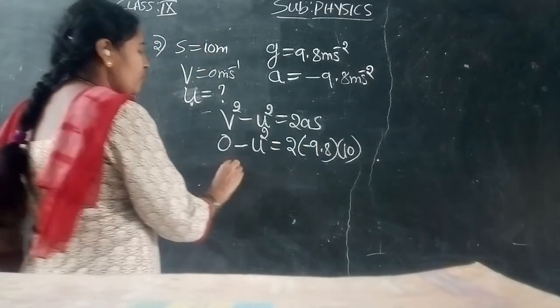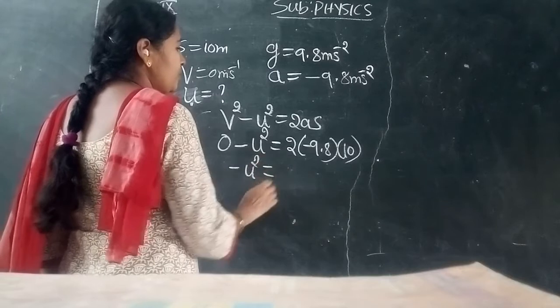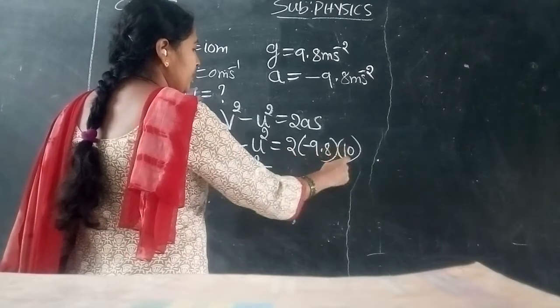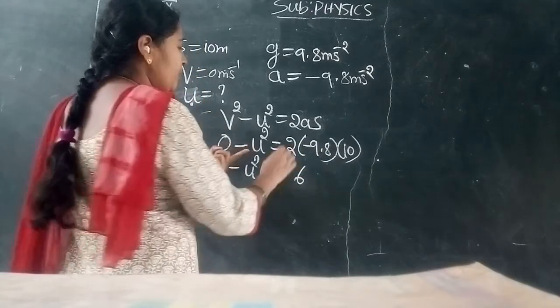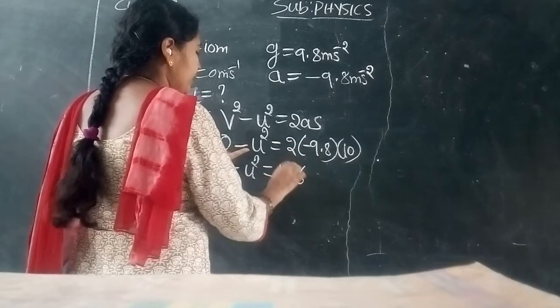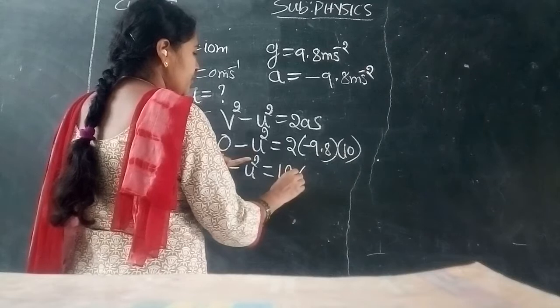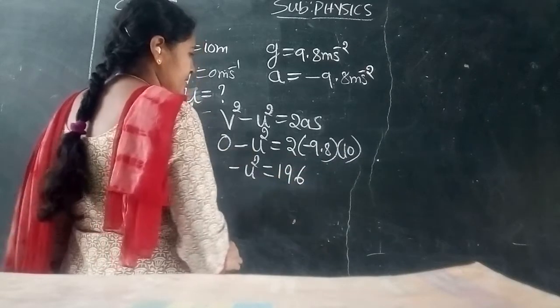So minus u² is equal to 2 into 9.8 into 10. 2 times 98 is 196, correct?